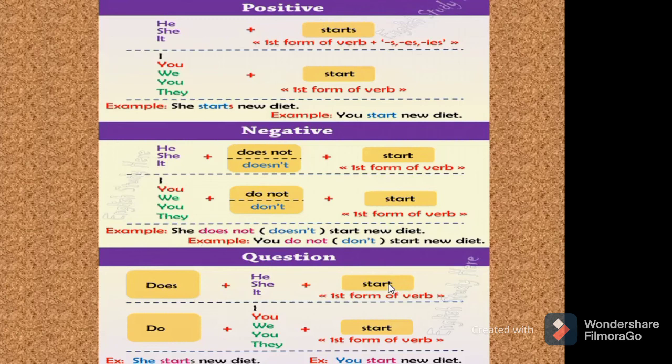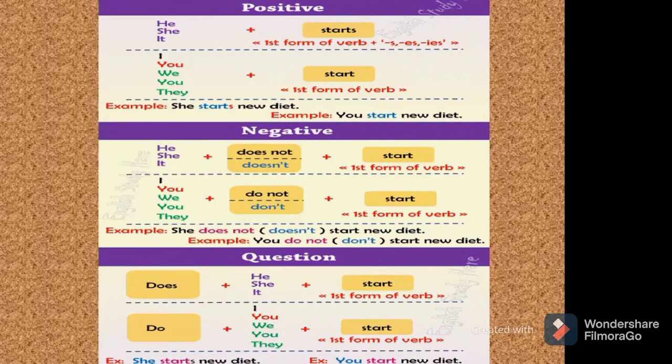Does it start? S is not there. Similarly, do. Do I start? Do you start? Do we start? Do they start? So for making interrogatives, the helping verb do or does comes at the beginning. This is the structure of making interrogatives. This is the structure of making negatives, and this is the structure of simple, positive, affirmative sentences.